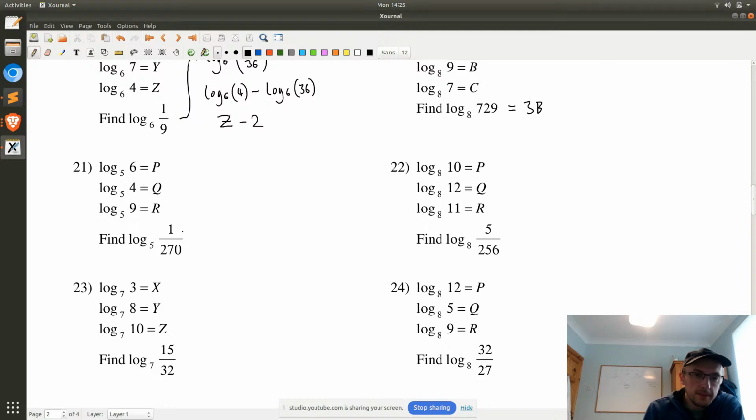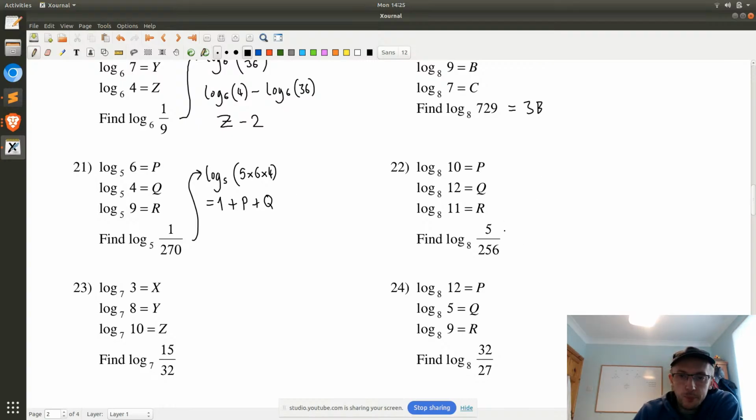And so it's log base 5 of 5 times 6 times 4, which is 1 plus p plus q.